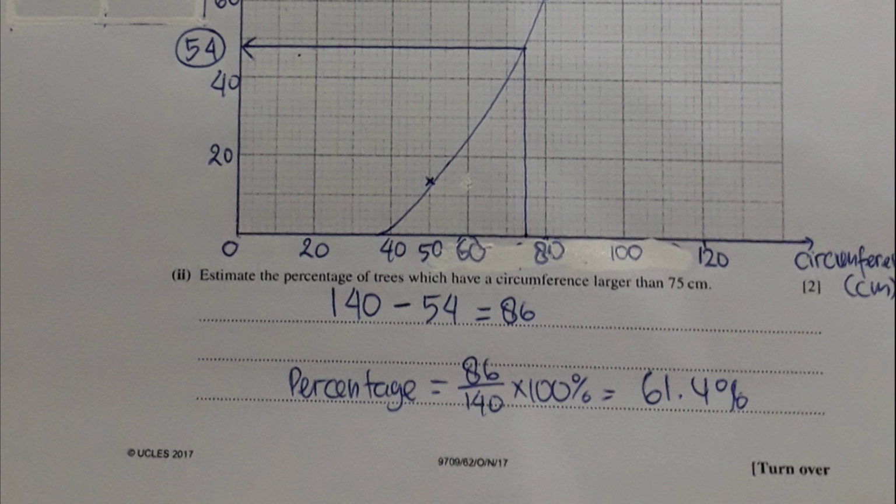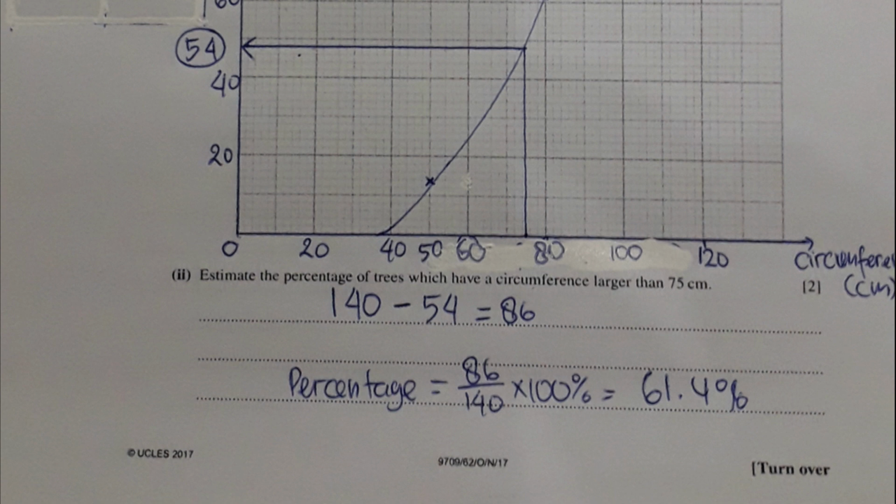II. Estimate the percentage of trees which have a circumference larger than 75 cm. Here, the cumulative frequency of trees which have circumference up to 75 cm is 54.